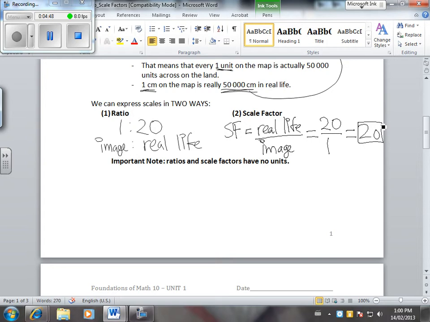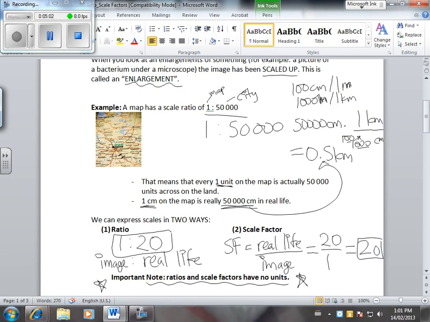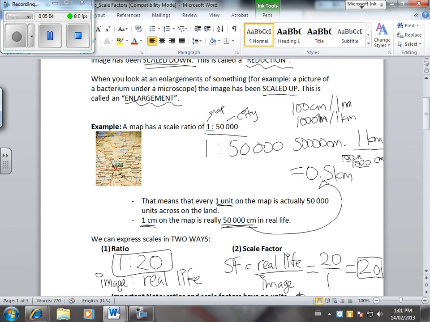So we have a scale factor of 20 or a ratio of 1 to 20. Please note this: there are no units for either ratios or scale factors. We said the map has a scale ratio of 1 to 50,000. We don't know what that is yet. You have to be told, and this will be in the legend of a map, or here we told you 1 centimeter is really 50,000 centimeters in real life.